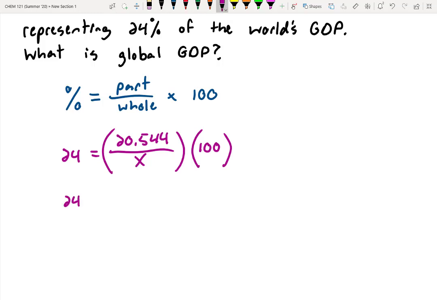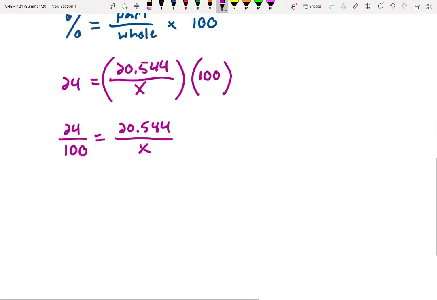So if we do 24 over 100, that will now cancel out the 100 on this side, because we would have divided both sides by 100. And that will leave 20.544 over X.